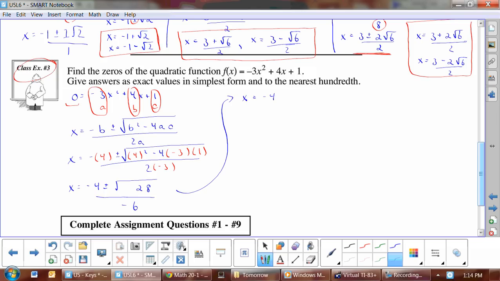I need someone with a hand up to tell me what can be taken out of our 28. So we take 4 out, so we get 2 root 7 over negative 6.